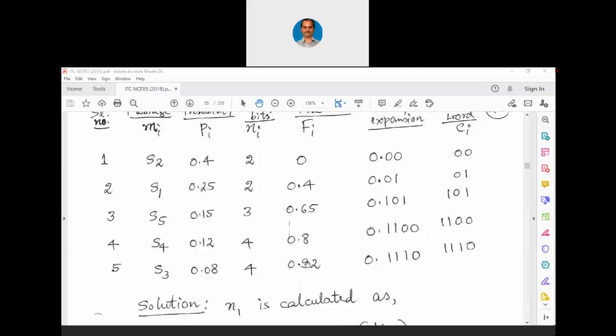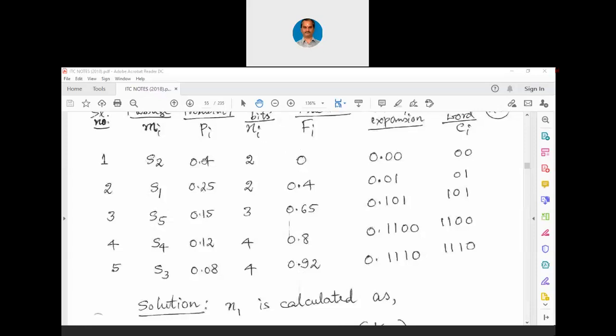Now when you add 0.92 to 0.08, you will get 1. That is unity. That means out of all these 5 messages, the unity indicates that the source is going to emit one of these 5 messages. Anyhow, the information source is going to emit one of these 5 messages. That is for sure. That is why when you add all of them, you will get unity itself. So as per the definition of the fraction, the very first one is 0.